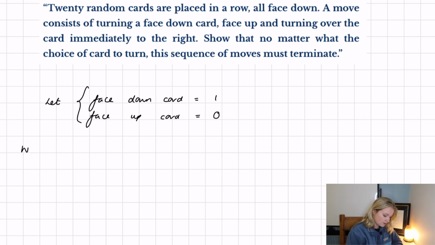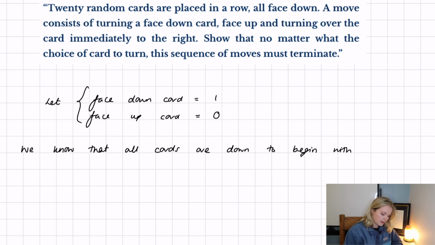We know that all cards are down to begin with. Now, as an example, for 6 cards, we have 1, 1, 1, 1, 1, 1. Obviously, I'd do 20, but that would be quite a few ones.